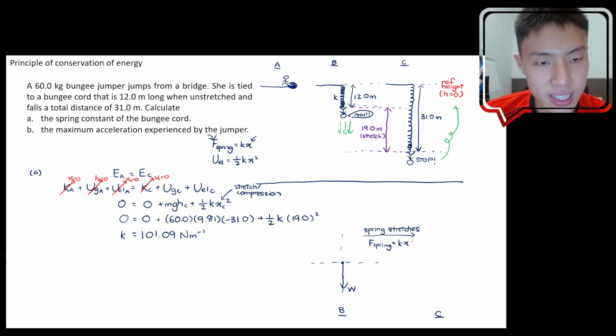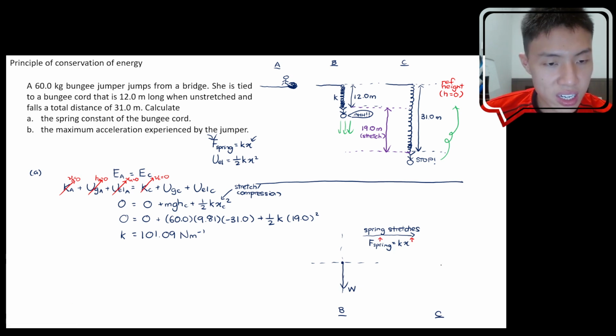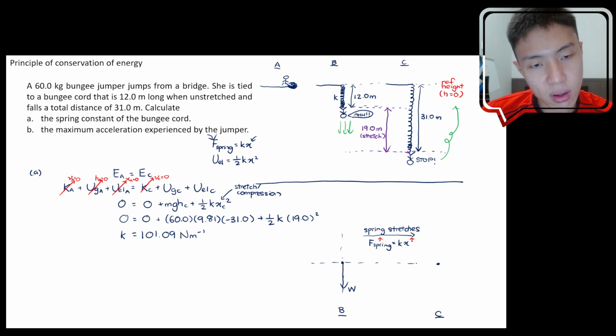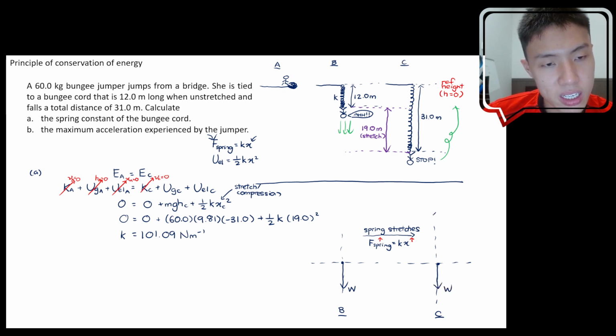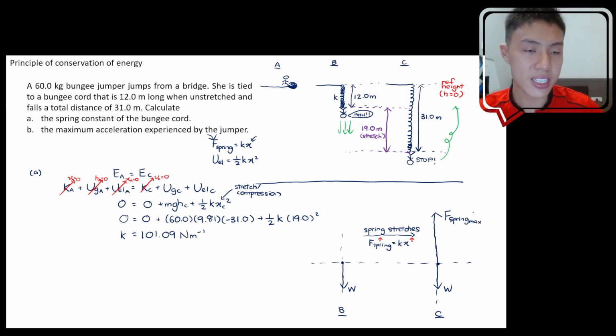Because your x is increasing, the amount of stretch you have is increasing, therefore your F spring is increasing, until a point where you are at C. When you're at C, you still have your weight because the person still has mass, but you have your maximum F spring. F spring max happens over here, and I believe you can see that I've drawn it to be very long compared to the weight, because the F spring, the restoring force exerted by the spring, is actually larger than the weight.